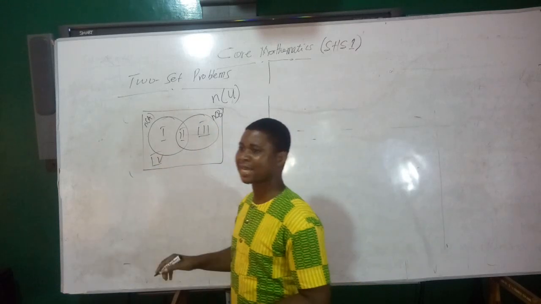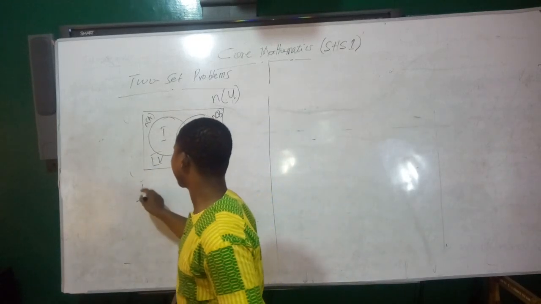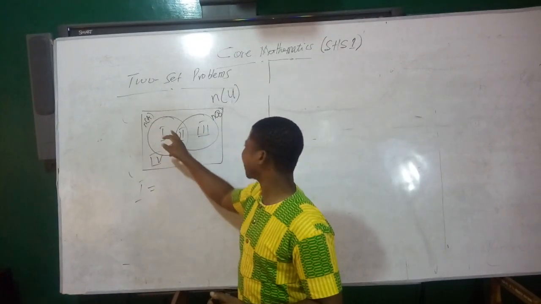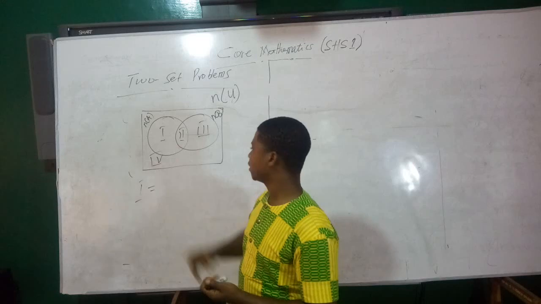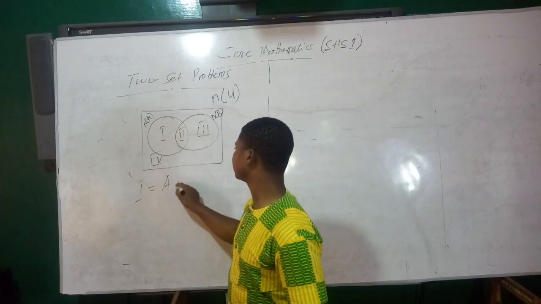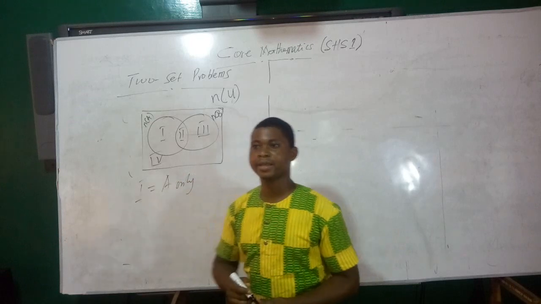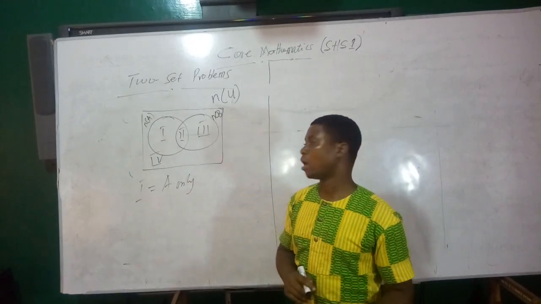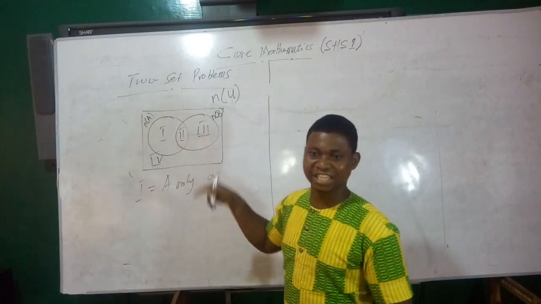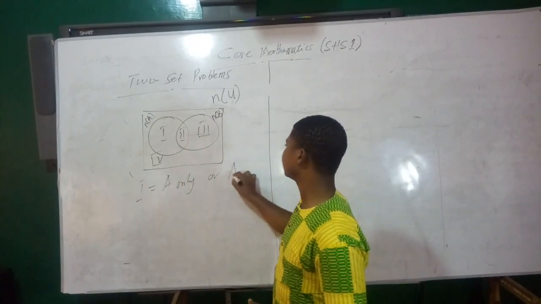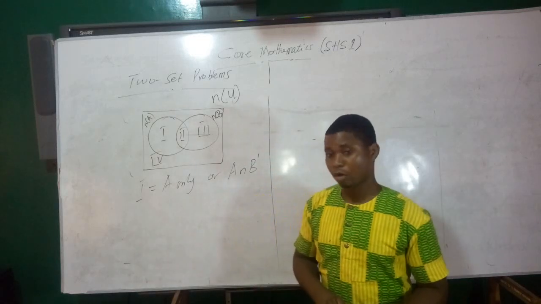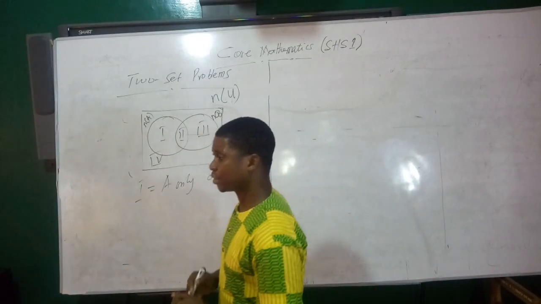Now when you look at the set A, we have I, you can see that it's part of only A, but it cannot be found in B. So we can say that I is A only. Or we can also say that it's A intersection B complement.